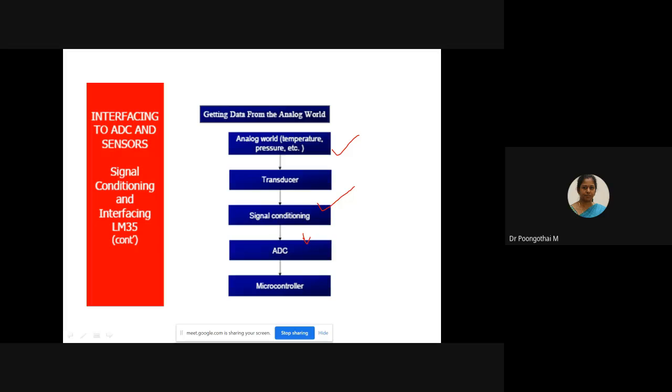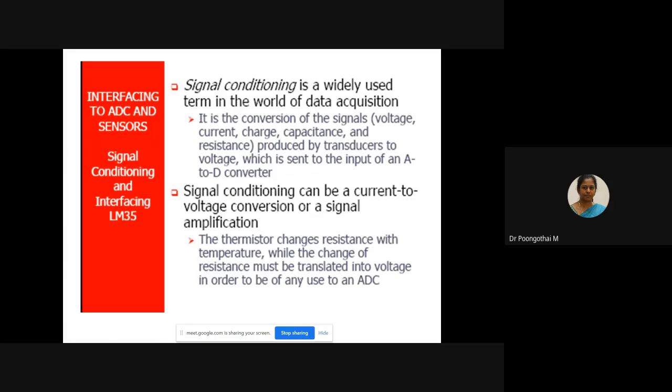Here, in the case of your thermistor, the change of resistance must be translated into voltage, and that can be done using signal conditioning. This component is very important in interfacing your sensor. Signal conditioning can be a current to voltage conversion or signal amplification.